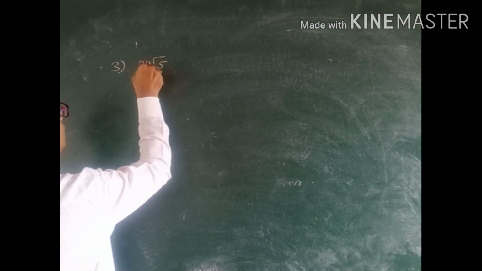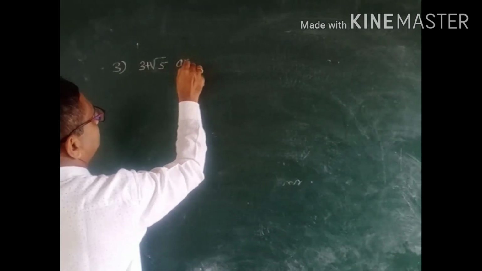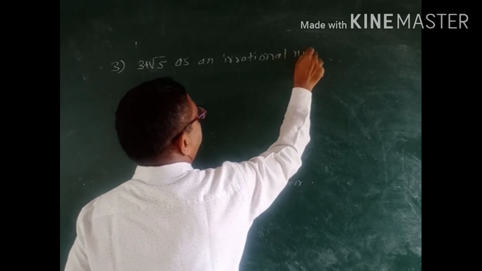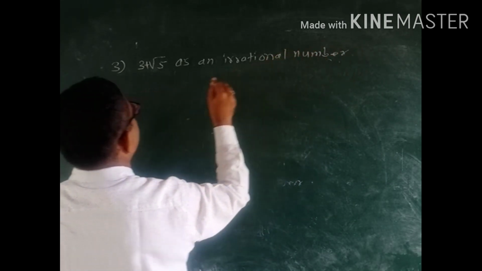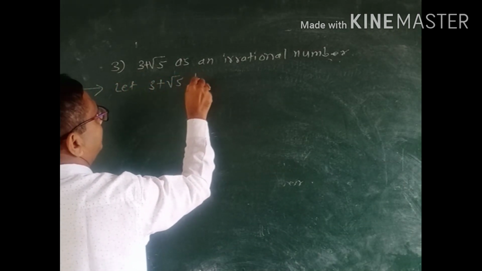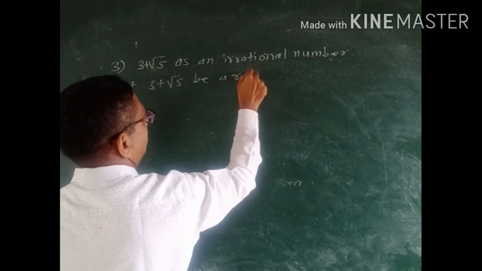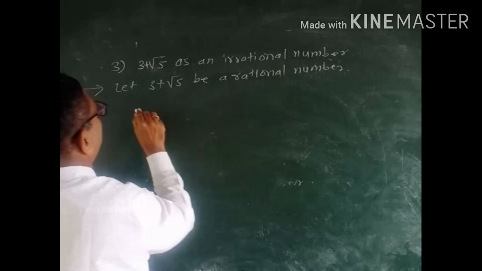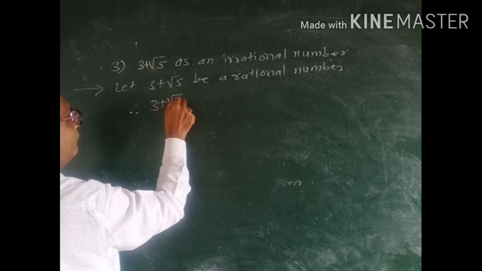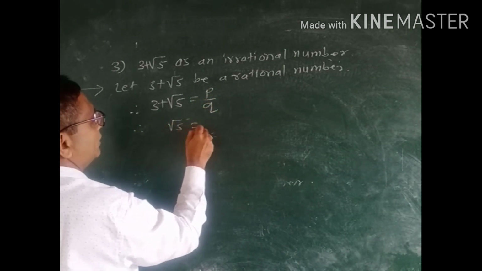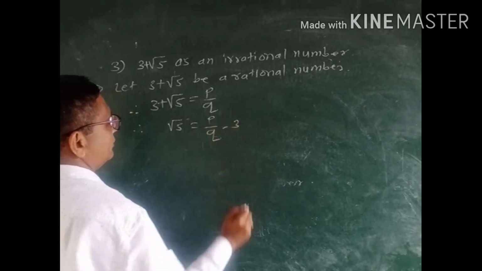Similarly, we have to see that 3 plus under root 5 is an irrational number. Therefore, let 3 plus under root 5 be a rational number. Therefore, 3 plus under root 5 is equal to p upon q. Therefore, under root 5 is equal to p upon q minus 3.